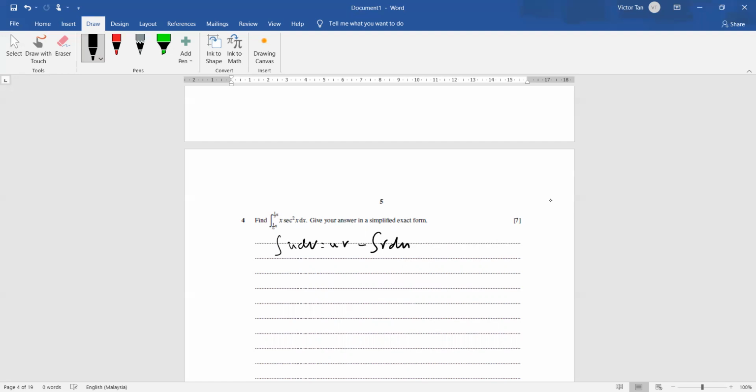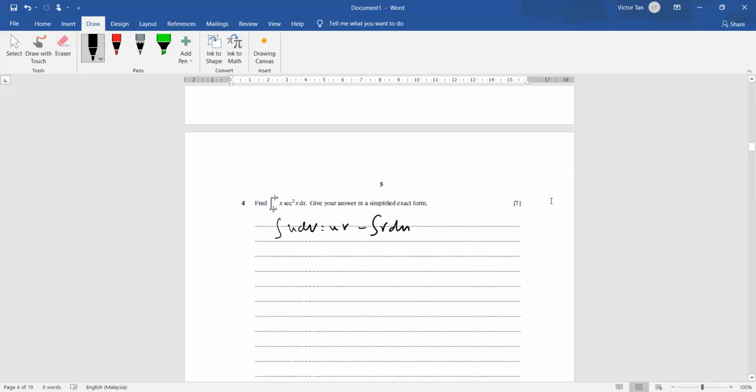So what I'm going to do, I'm going to put u as x and dv as sec squared x dx. So you have du equals dx. When you integrate this, you get v equals tangent x.